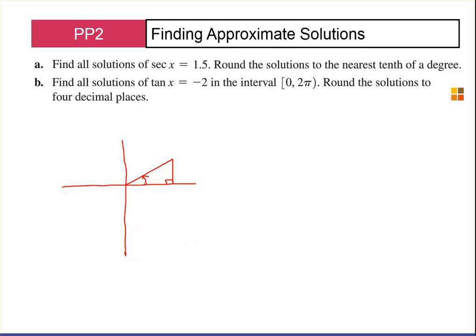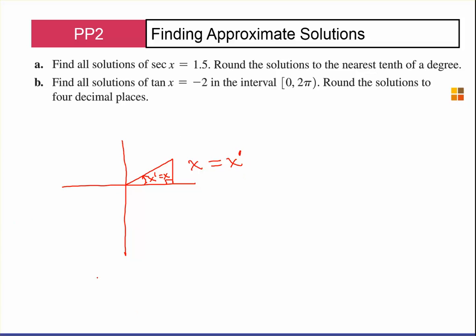We're going to say our measurement of this angle called x is the same as the measurement of the reference angle. I'll put this little dash mark right here, which just means prime, the reference angle.